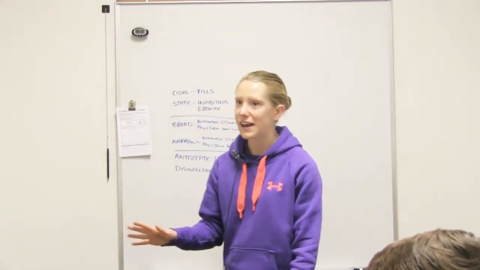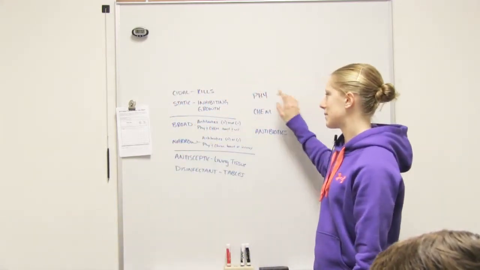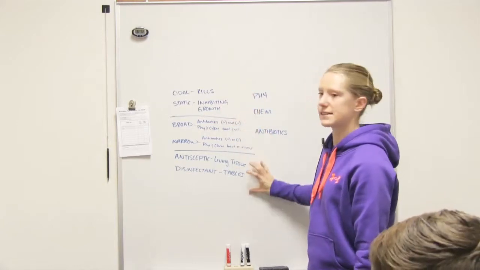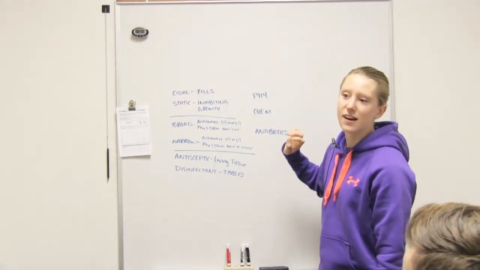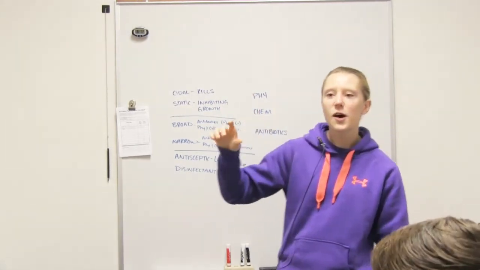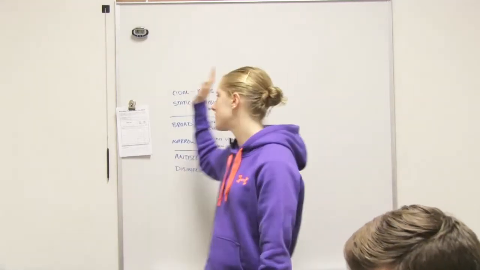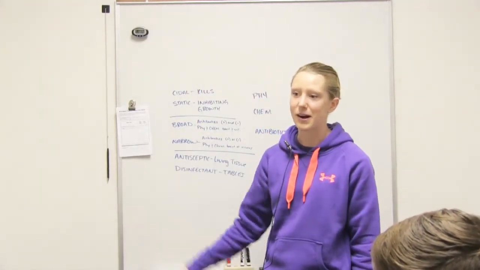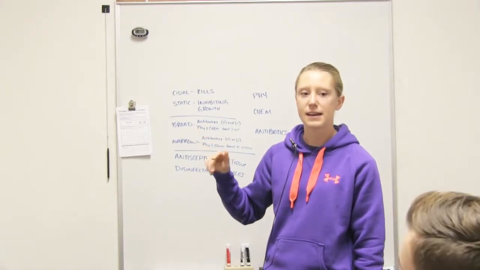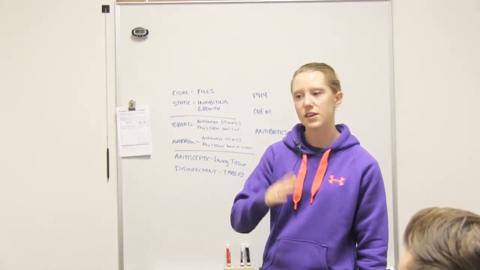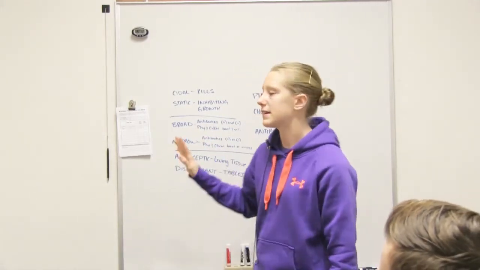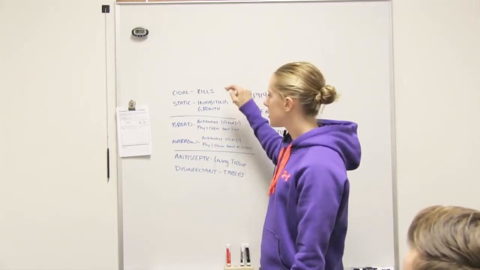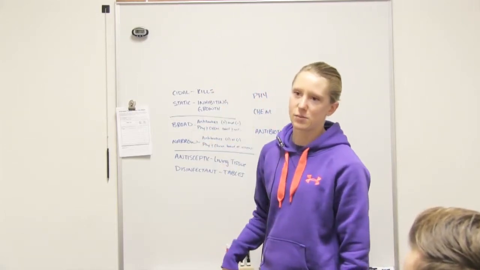We have cytostatic, broad, narrow, antiseptic, disinfectant, and target. If you know the target, you can figure out everything else. I promise. That's how I'm going to be teaching you. I'm always going to tell you to think of the target first, and based on what the target is, you will be able to think about all the others and get them right.